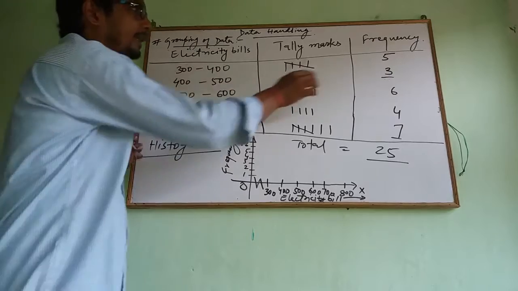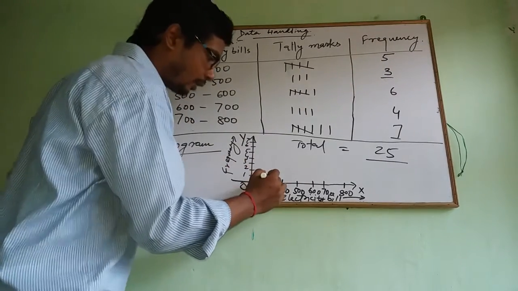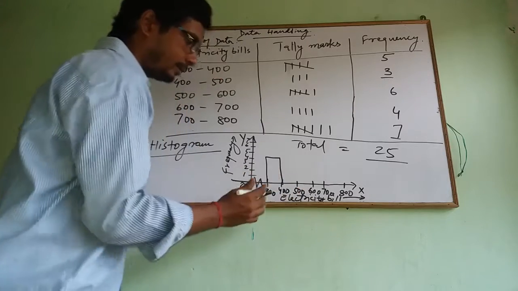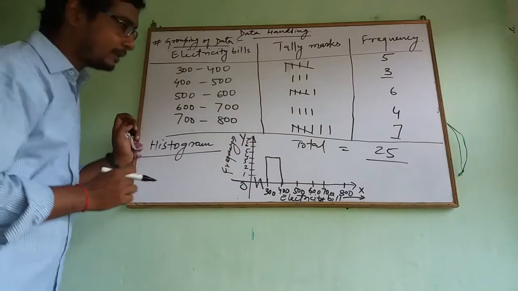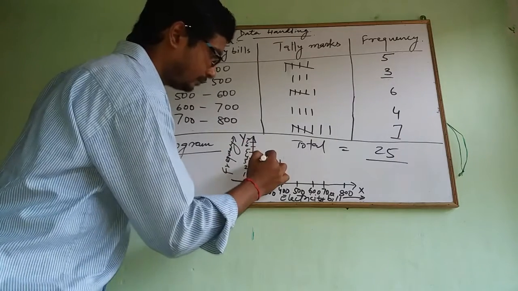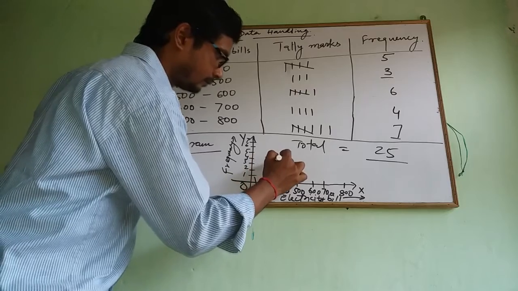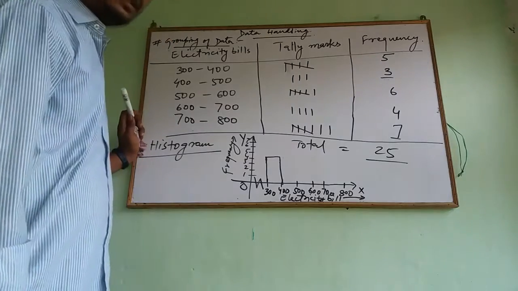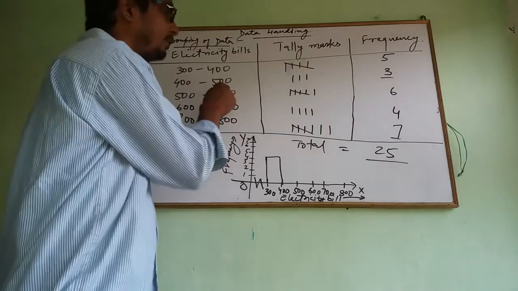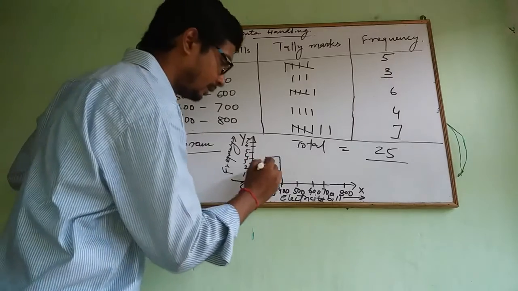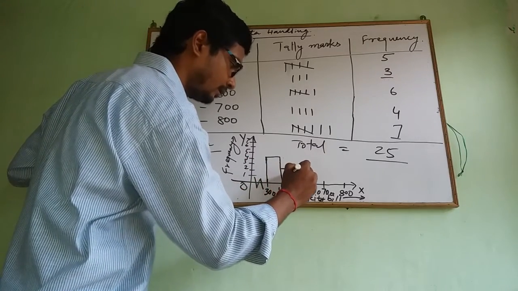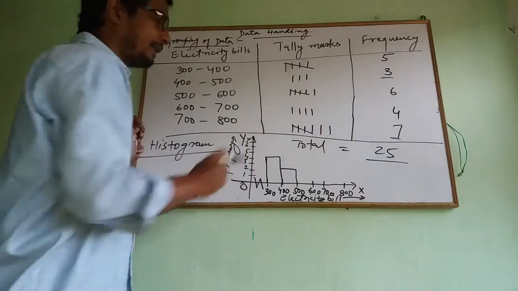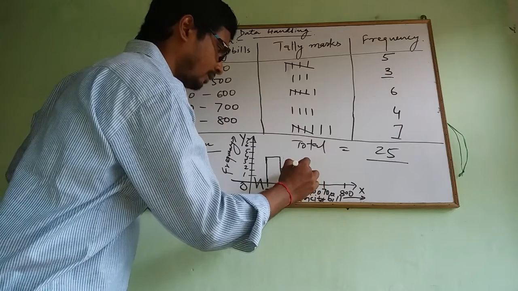From 300 to 400, how many values are there? 5. So I will draw a rectangular box up to 5. From 300 to 400, my frequency is 5. Now the next one, from 400 to 500, my frequency is 3, so I will draw it here. Next, from 500 to 600, it is 6.